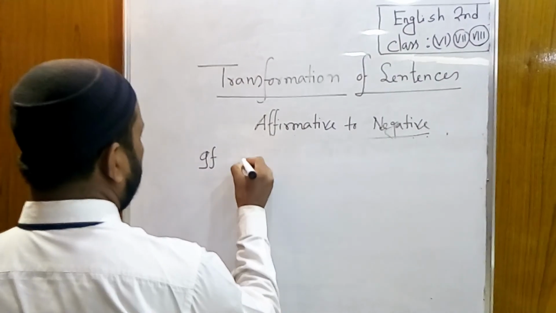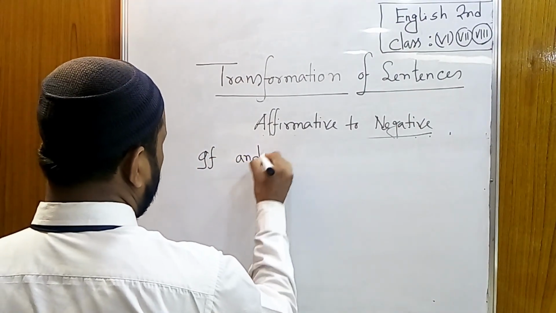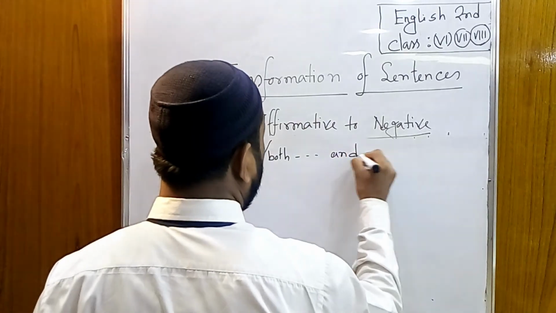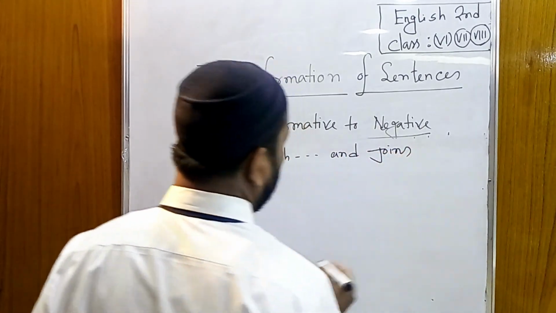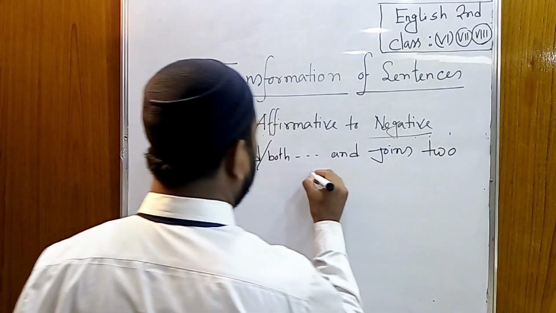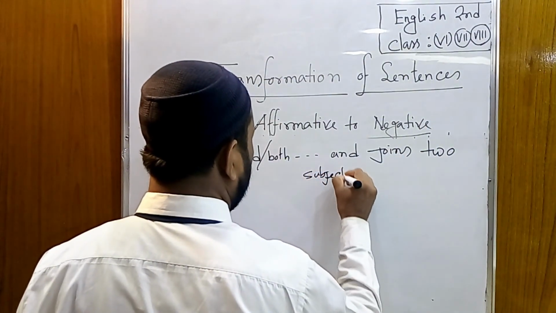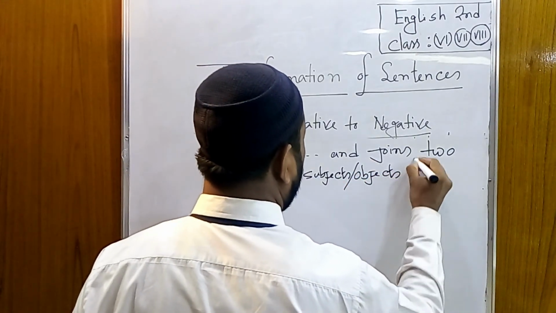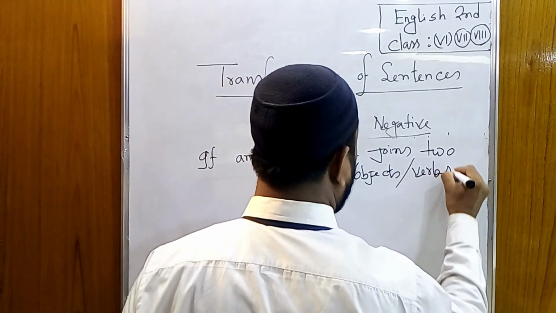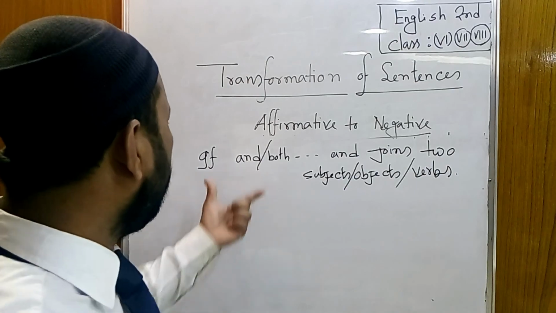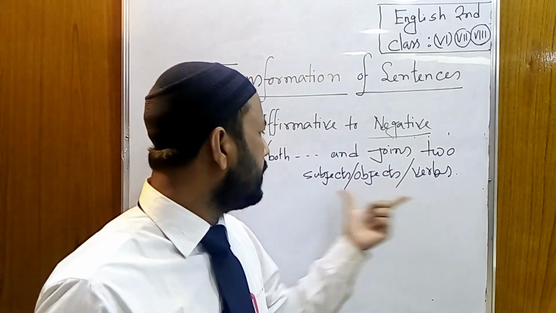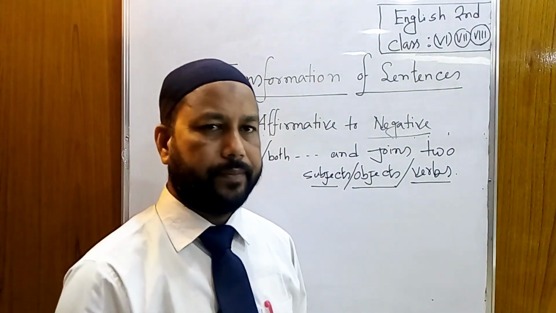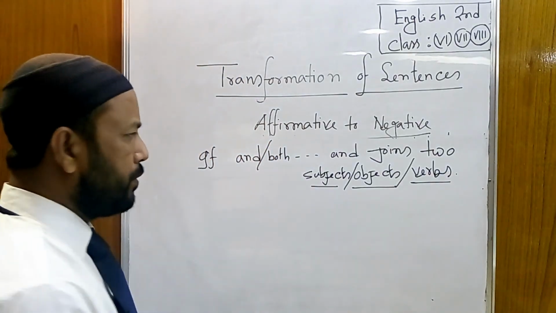If and or both dash dash and joins two subjects, objects or verbs, how will we convert this sentence into negative? Just look at the examples.